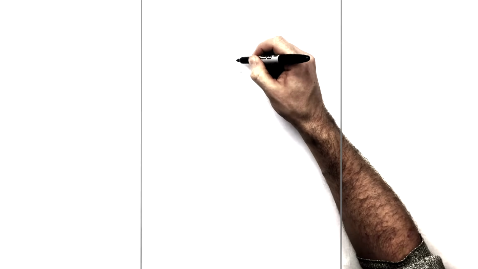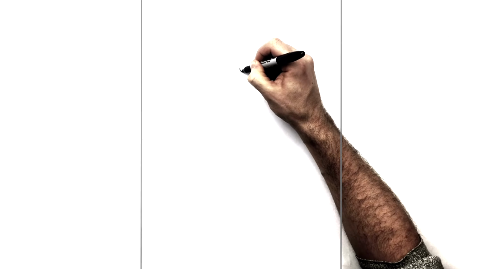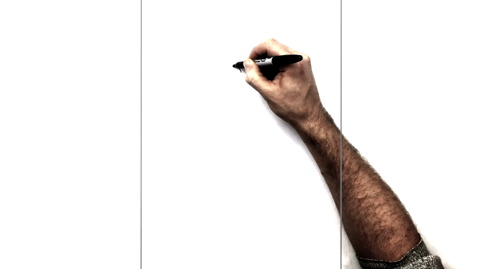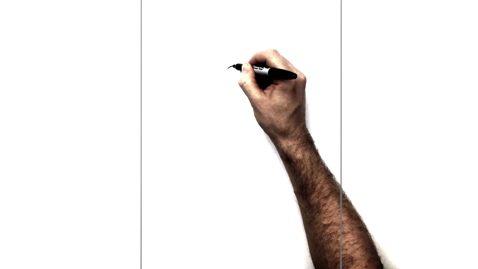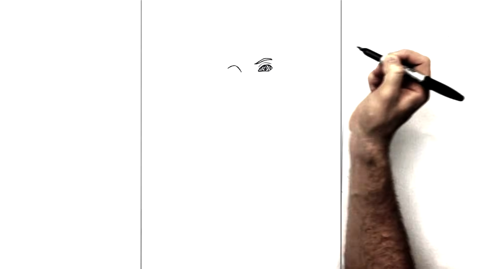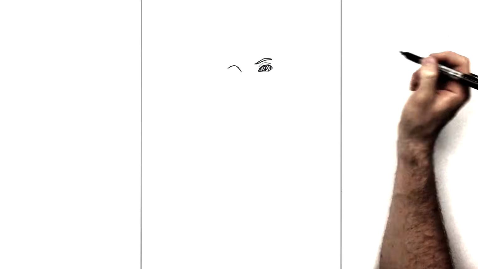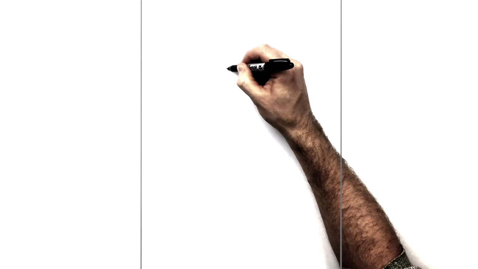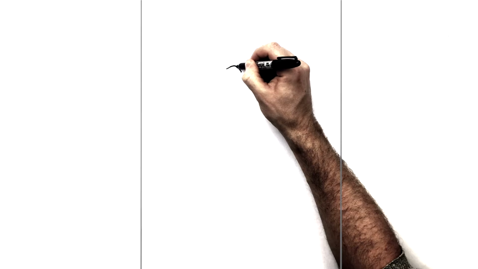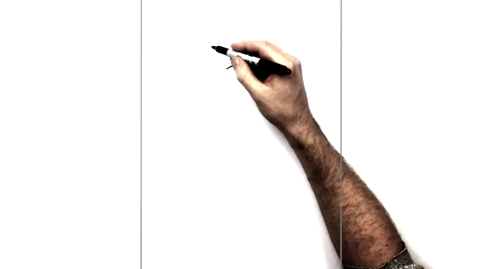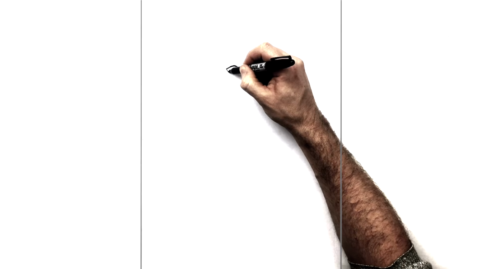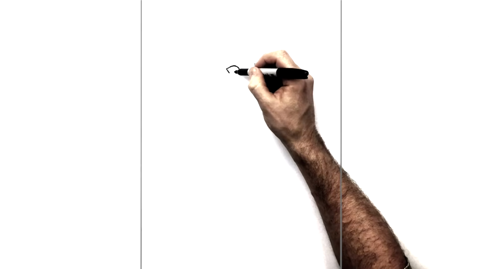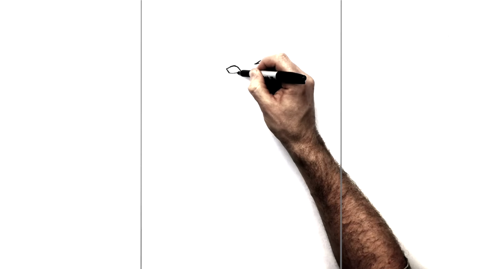So it's going to just curve up and around, back down to there, like so. Then his bottom eyelid comes down the side here, diagonal in, pointy at the end, and then across to the other side.